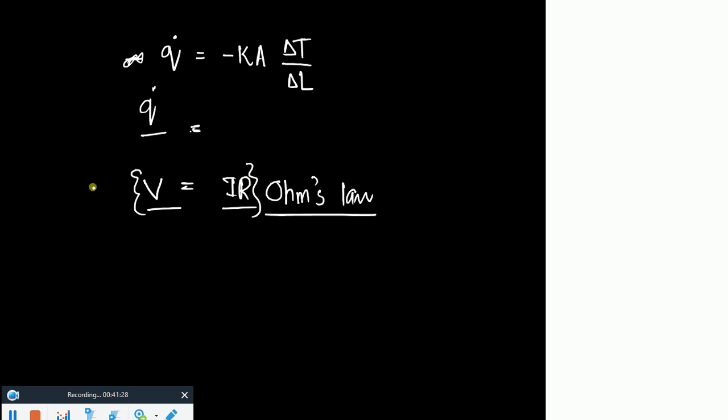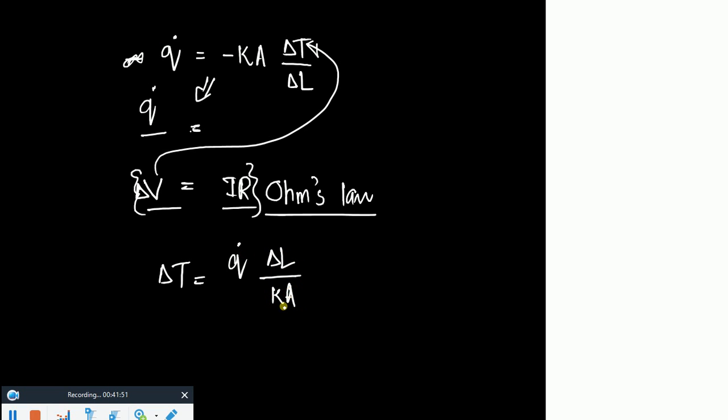We want to make it look like this. So this V corresponds to, essentially this is delta V, if you remember. This is V2 minus V1 from your electrical circuit course, right? So this is T1. So if I say this is delta T, then you would have Q dot times delta L over kA. Can you write it like this?